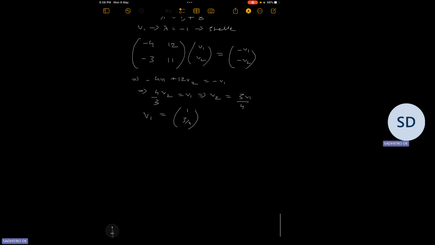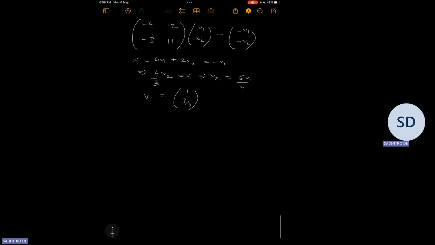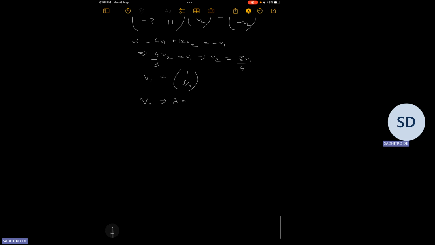And the eigenvector v2 corresponds to lambda equal to plus 8, which is the unstable one.